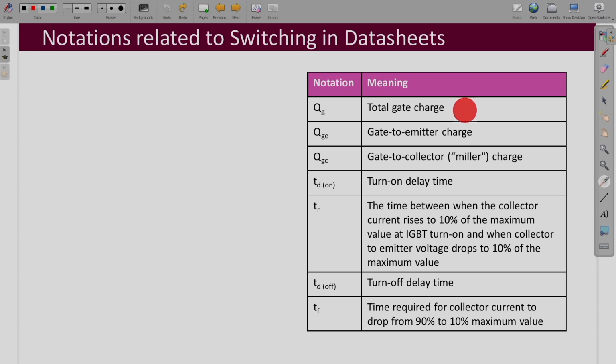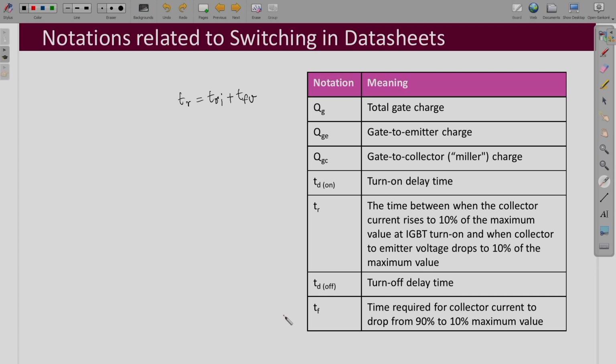The gate charge QG, then gate to emitter charge, then the Miller charge, gate to collector, then the turn on delay time, which we just discussed, and the rise time TR. I have told this before also: it is the sum of the rise time of the current plus the fall time of the voltage, TRI plus TFV. Then there is the turn off delay, and then TF, associated with the fall of the current during turn off.